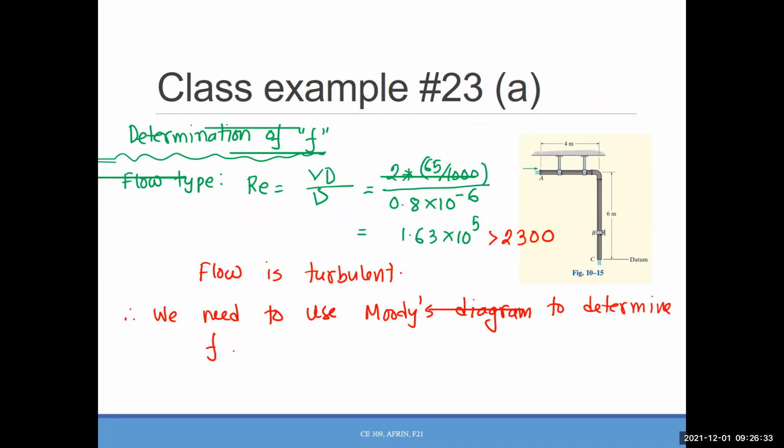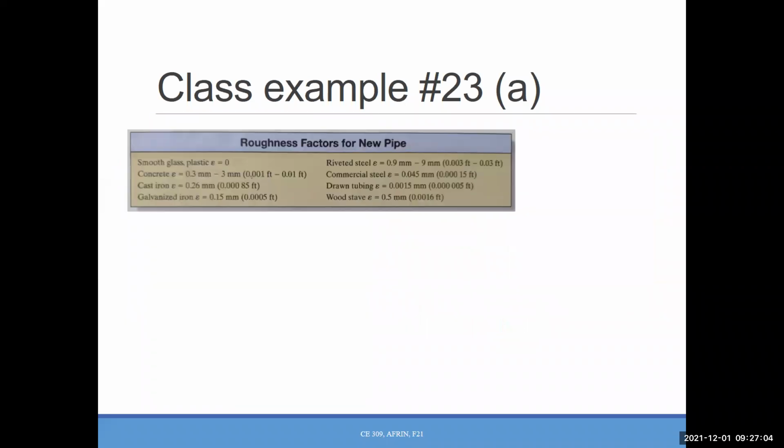If you look at this plot again, we are trying to find friction factor F, right? So we need to know Reynolds number and epsilon over D. We already have the Reynolds number, so we need to calculate epsilon over D, right? Okay, so epsilon is dependent on the material type. What type of material here we saw for the pipe? The cast iron. So I will go back to this table. You have that on top of the Moody's diagram here.